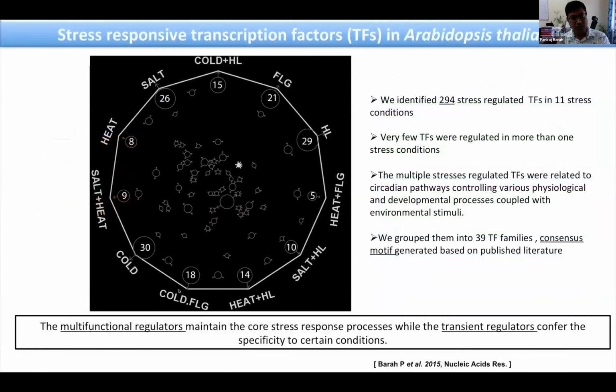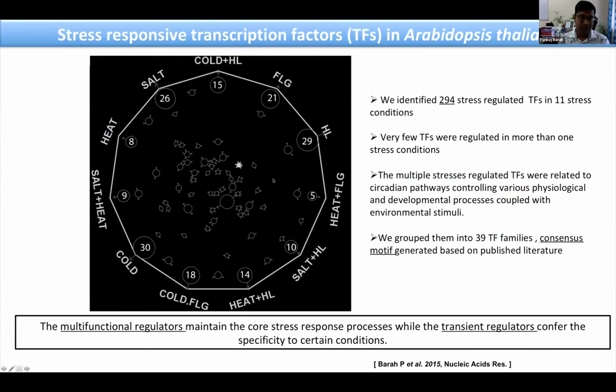Then we looked into the differentially expressed transcription factors, and we found 294 stress regulated transcription factors across all the 11 stress conditions. This shows all the different 11 stress conditions, and this shows how many transcription factors are overlapping with multiple stress conditions.